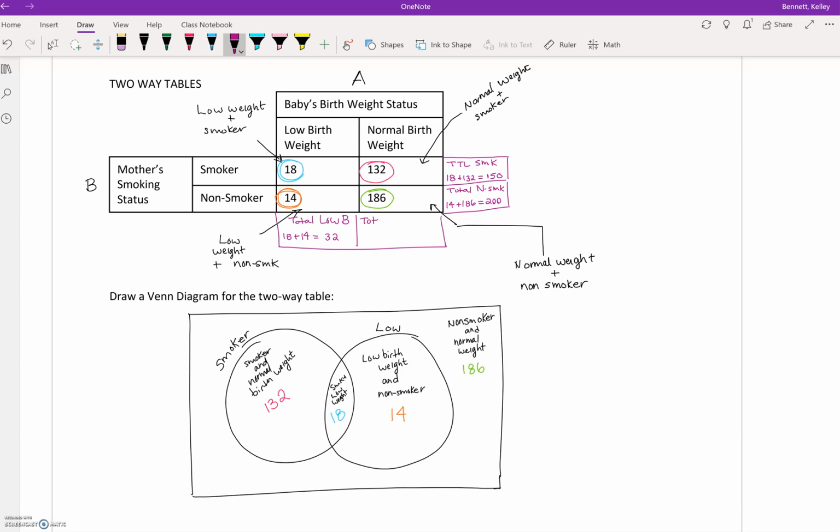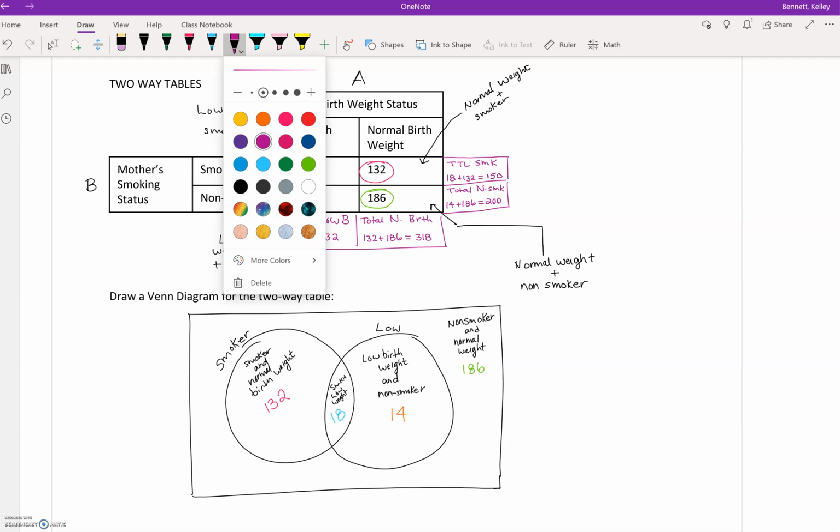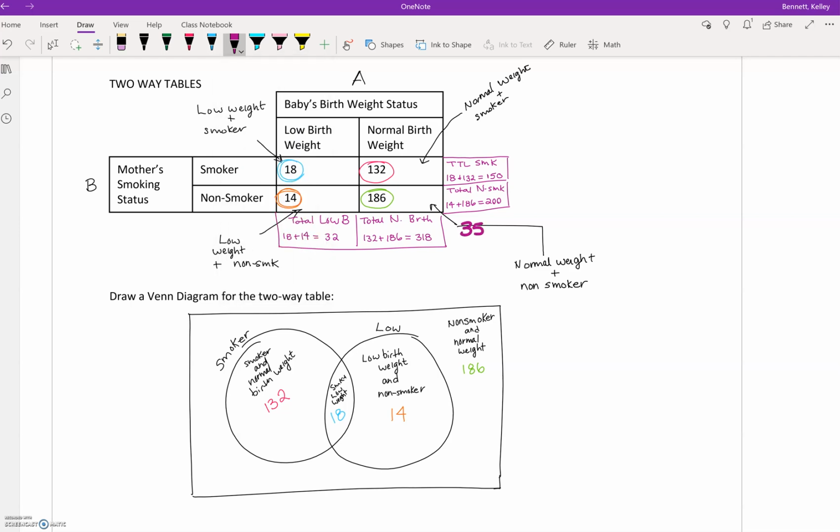And then my total normal birth weight is 132 plus 186, which is 318. So that's how I get all my totals. Notice that if you were to take 318 and 32, you would get 350.